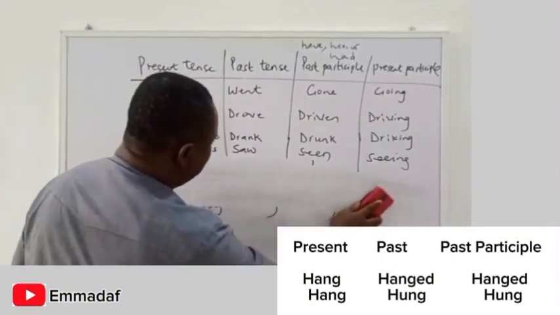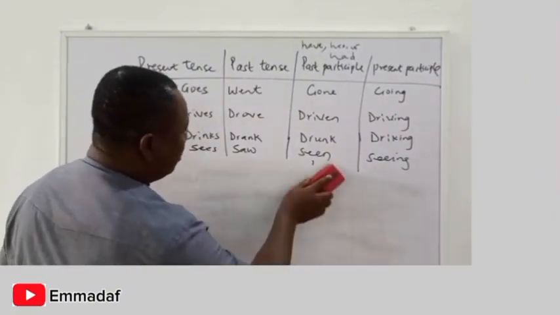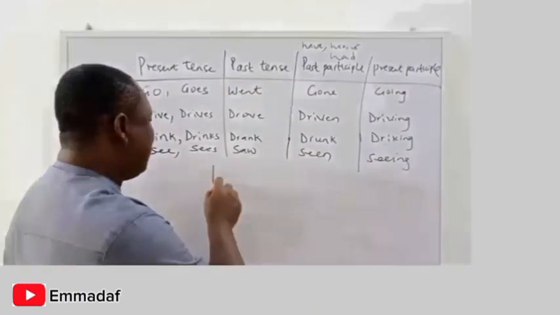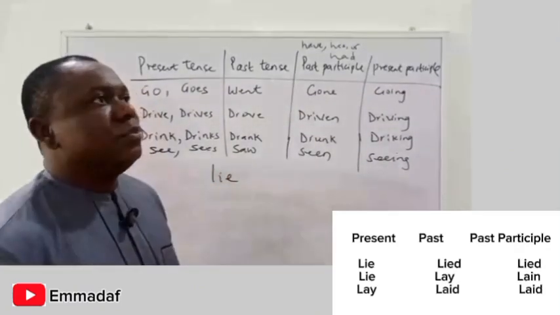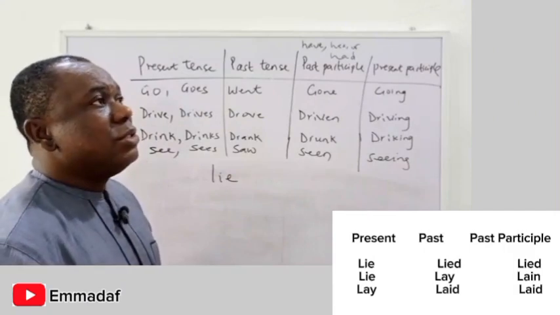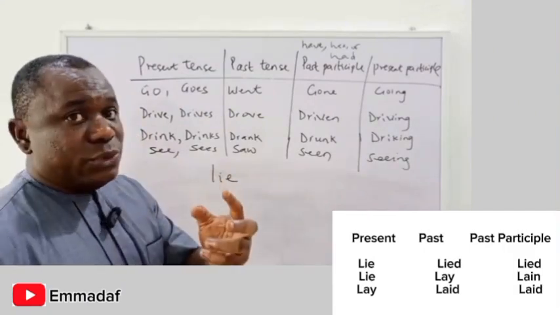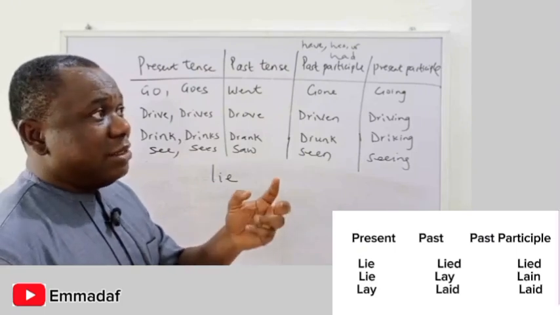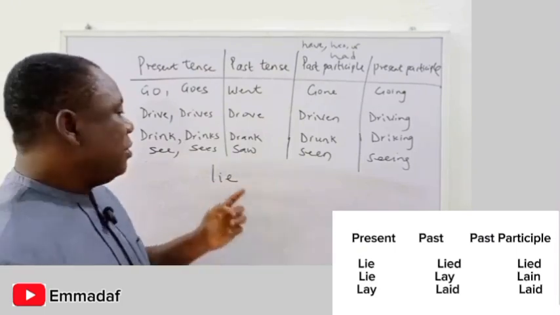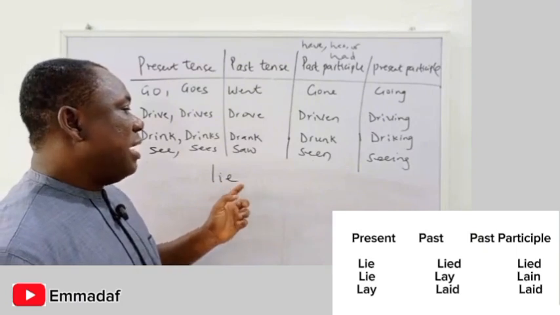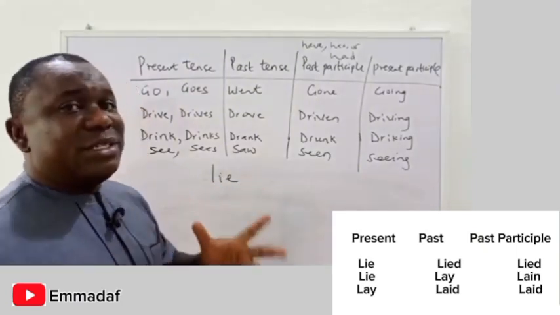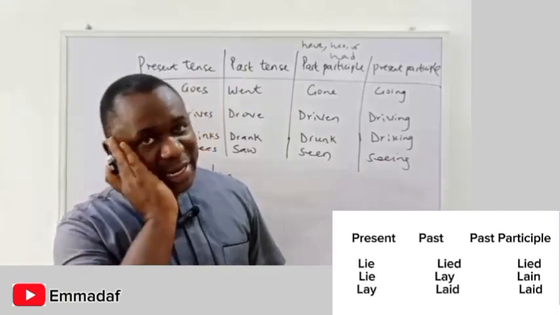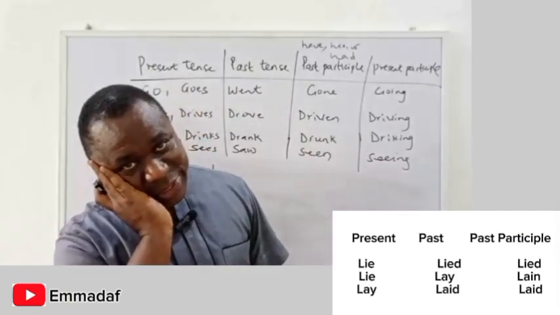There is also this distinction that I want to point out in usage, and that has to do with lie. Now, when it means to tell falsehood, you lie to somebody. These boys are always lying. These children are always lying. The past tense and the past participle is different when you use it in the sense of reclining, to lie down to sleep.